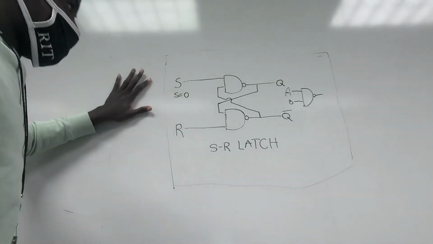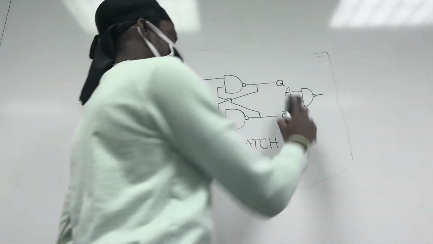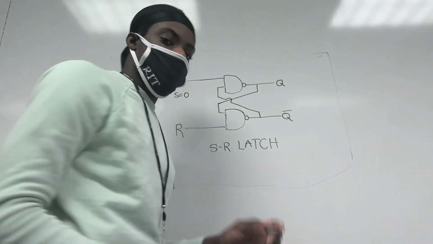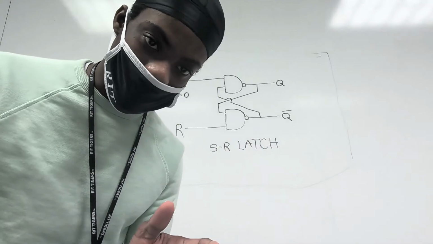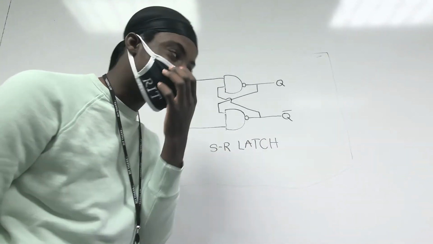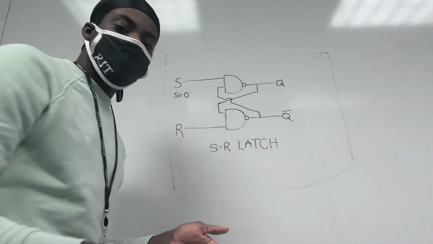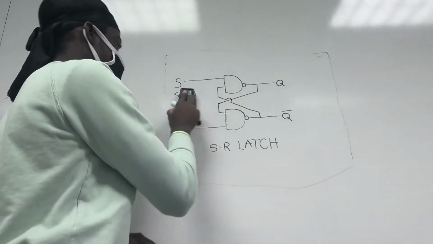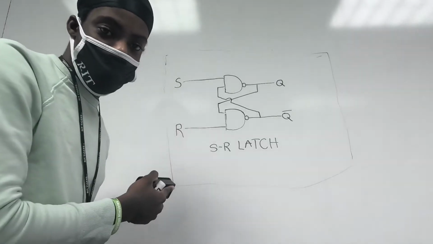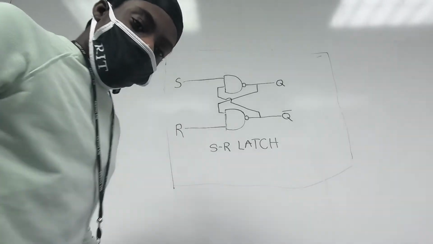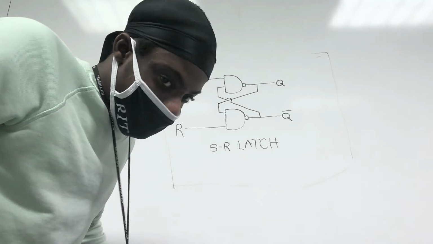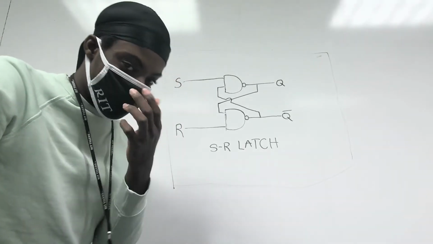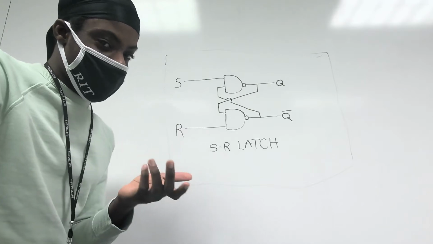So here we have our basic SR latch. Now, this circuit is called a transparent circuit. Why is it called transparent? Because at any time, the output at Q can change based on S and R. As you can already guess, the output changing so suddenly based on S or R can be a bad thing.